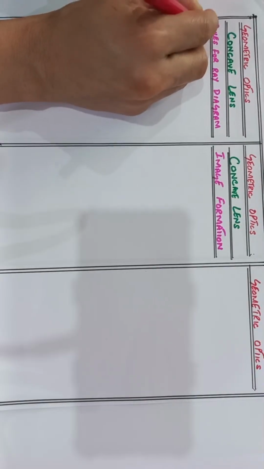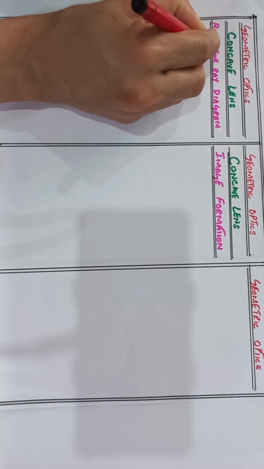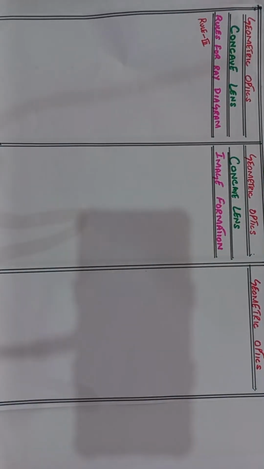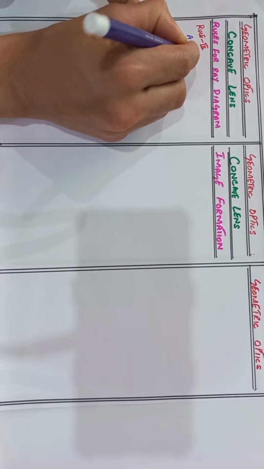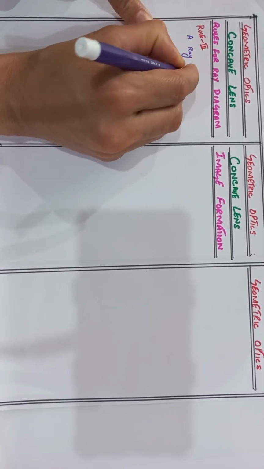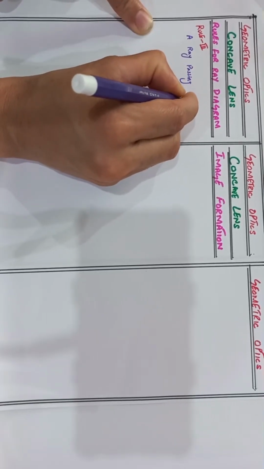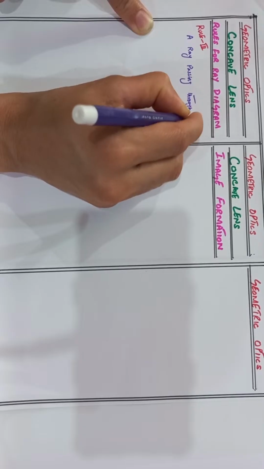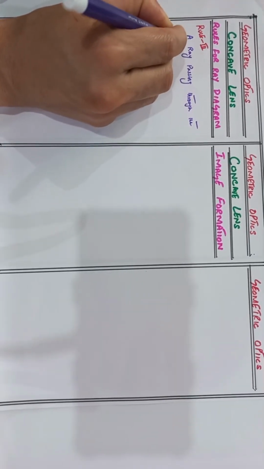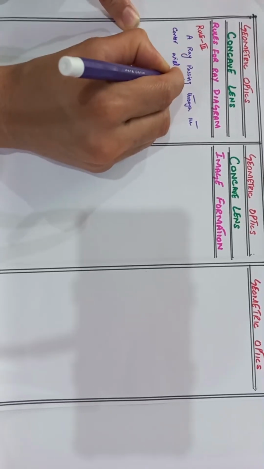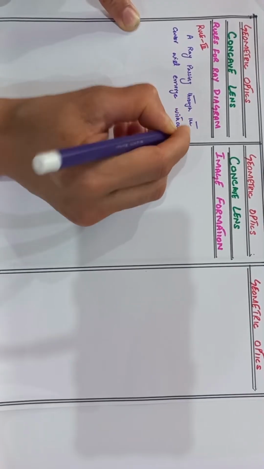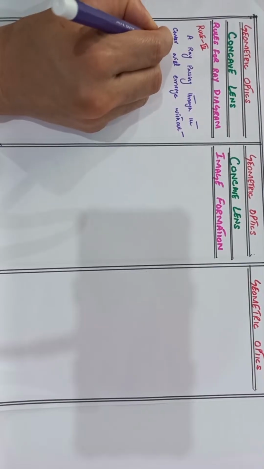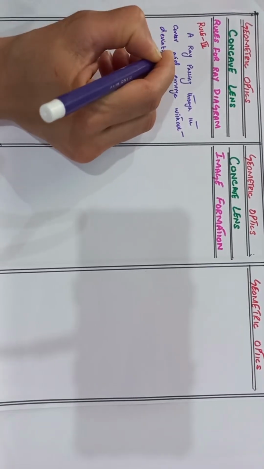Rule 3, that is the ray passing through the center will emerge without deviation.